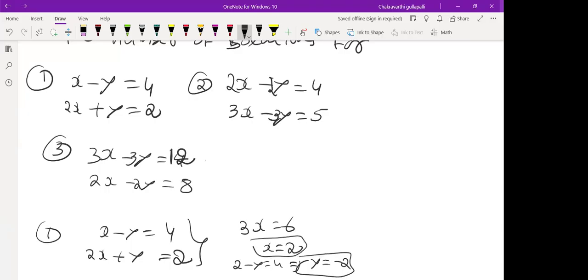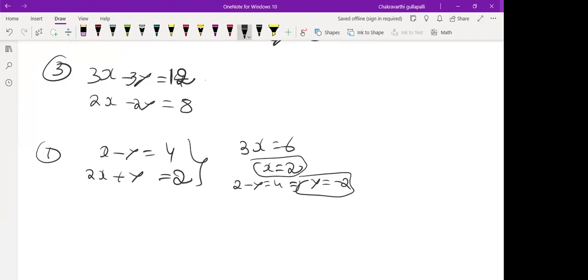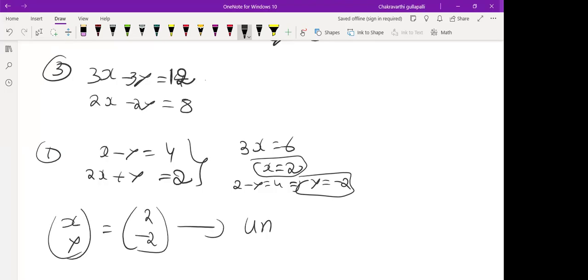So what is the solution for this system? Don't say the number of solutions is 2. x equal to 2 and y equal to minus 2 together make one solution. You should not say two solutions. Solution means x and y put together. This is called a solution. How many solutions? Unique solution.